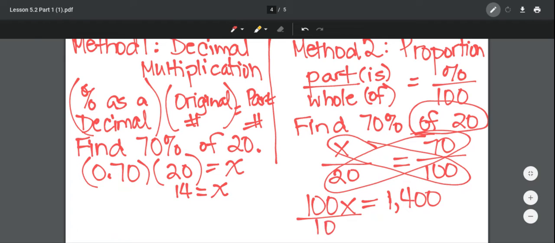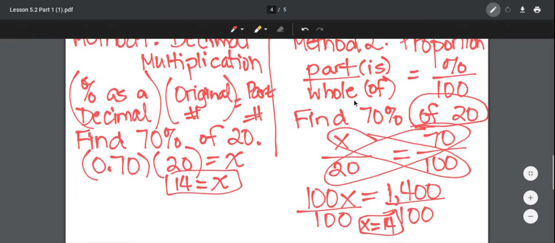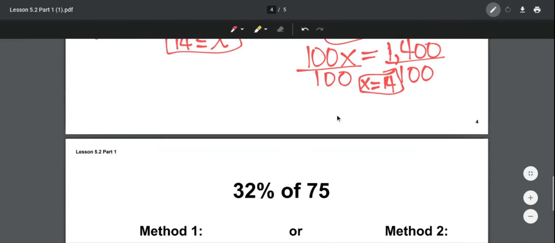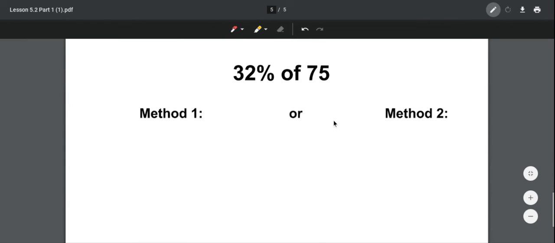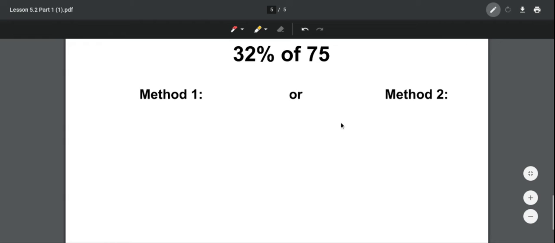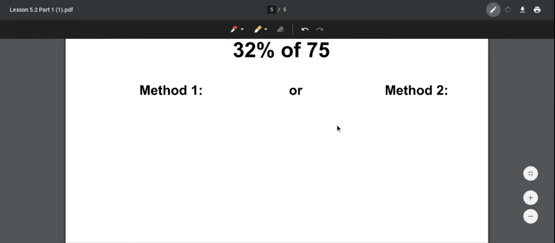When we divide by 100 on both sides, we find that x is equal to 14. Same answer, different methods. So let's try these two methods on our own. You may pause the video at this point and then replay it once you are finished.